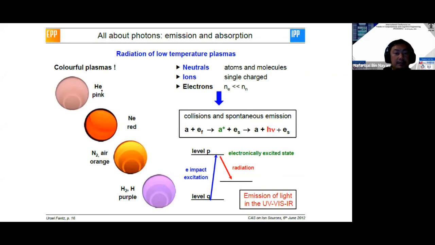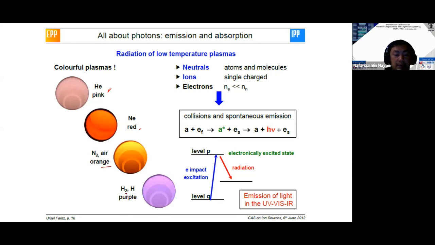Okay, this is a colorful and interactive image. We can see that when we use helium plasma, the color is pink. When we use neon plasma, the color is red. With nitrogen and air, which means oxygen, the color of the plasma is orange.